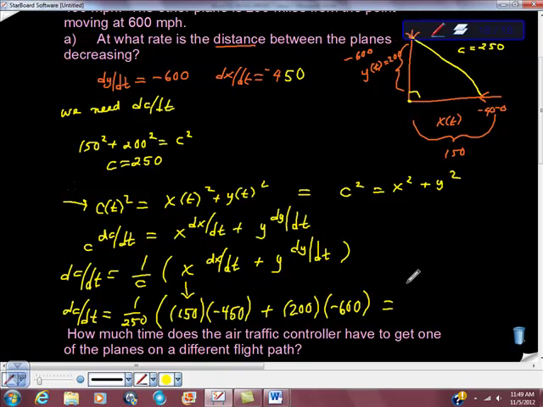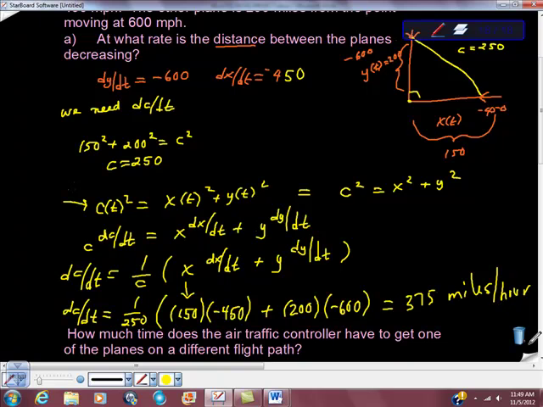And if we do all that math using our calculator, we're going to get out that the distance is changing at 375 miles per hour. And that's our answer.